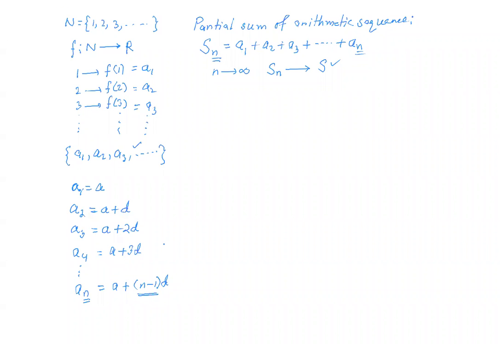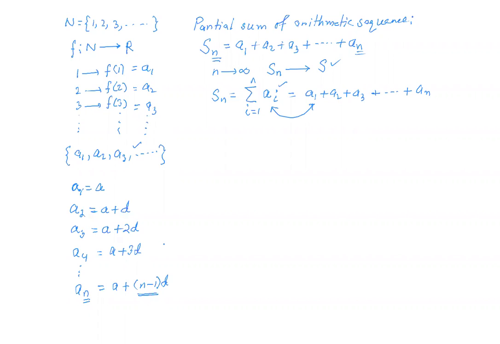So S sub n would be summation i equal to 1 to n of A sub i. That means if you expand it out, it is the same as saying A1 plus A2 plus A3 plus dot dot dot plus AN, right? These are the same thing, okay?